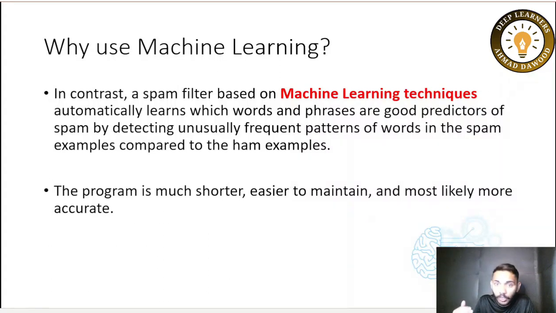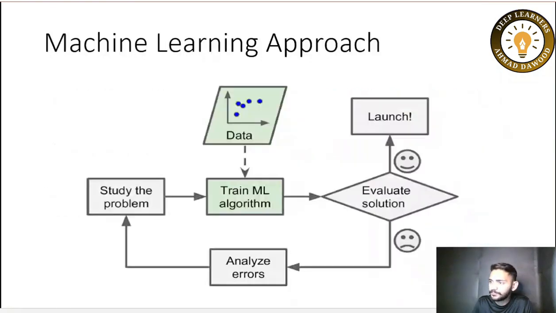The machine learning algorithm will learn by itself which words and phrases are good predictors of spam, which phrases repeat multiple times in spam emails, by detecting unusually frequent patterns of words in spam examples. The program will be much shorter, easier to maintain, and most likely more accurate. Why it is most likely more accurate, we will see.